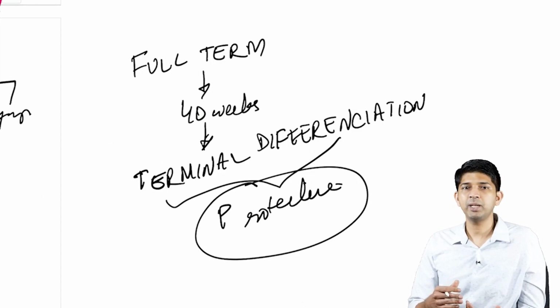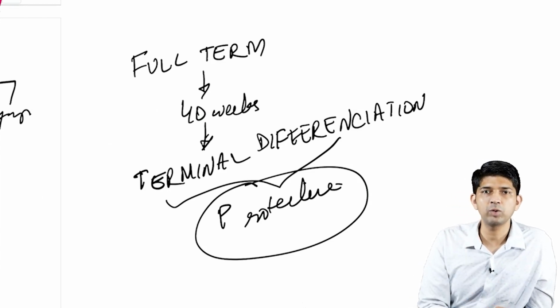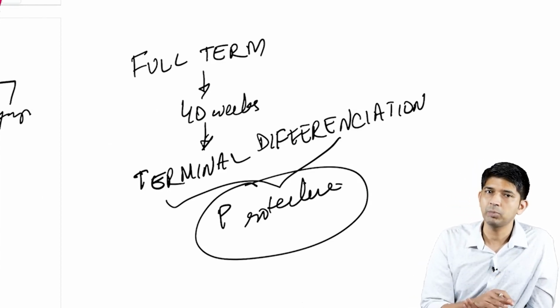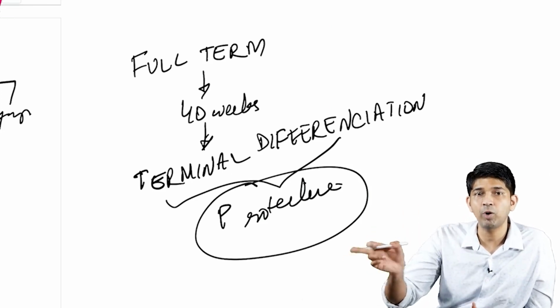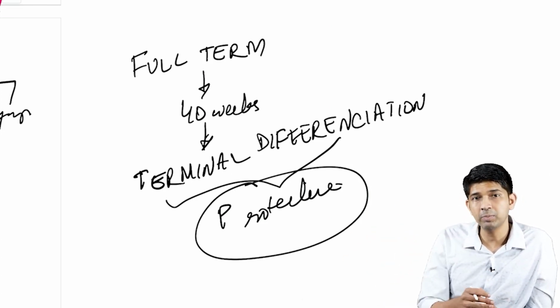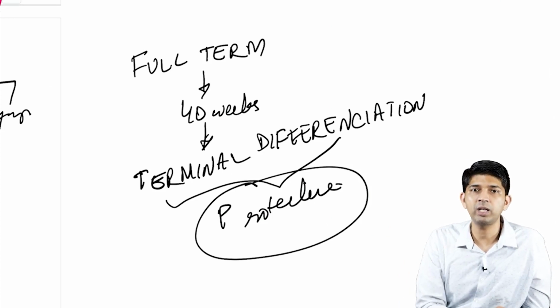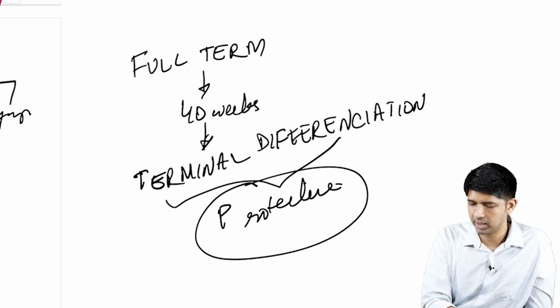So by chance, if the patient has undergone an abortion at the third month or fourth month, that will not protect her, because terminal differentiation happens only at 40 weeks. So it's only a full-term delivery which gives a protective coverage towards CA breast.